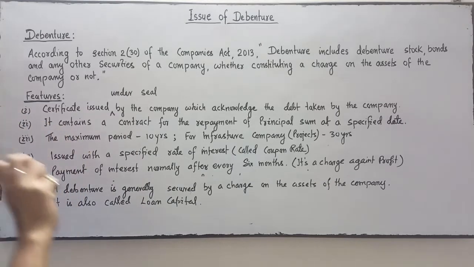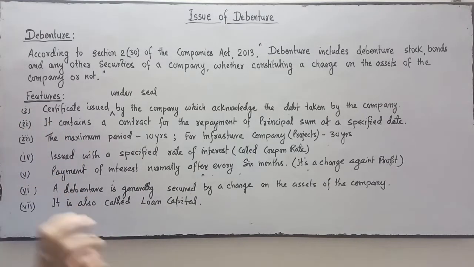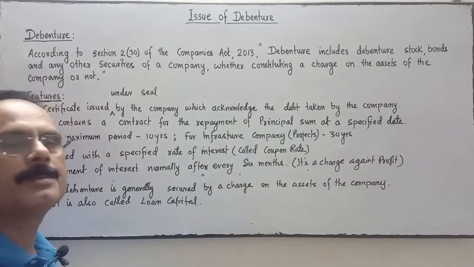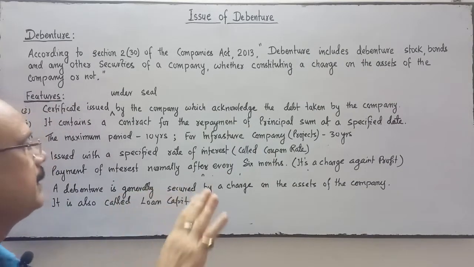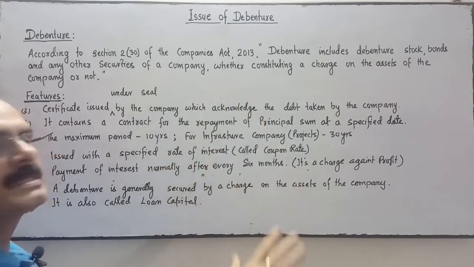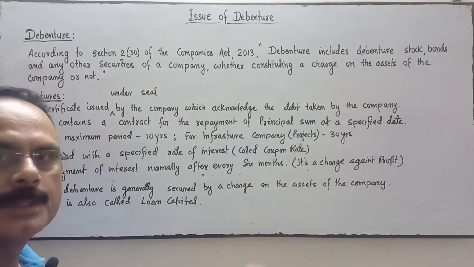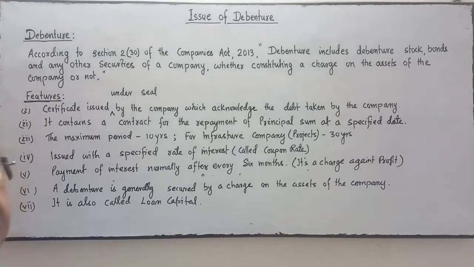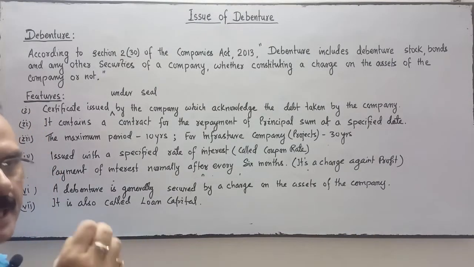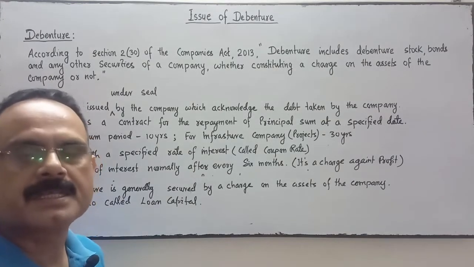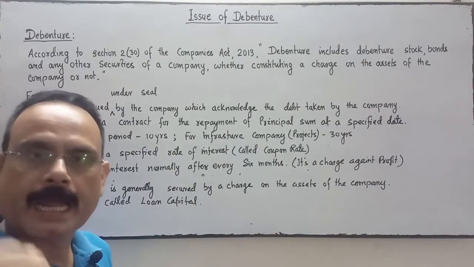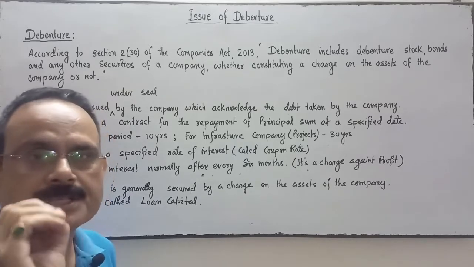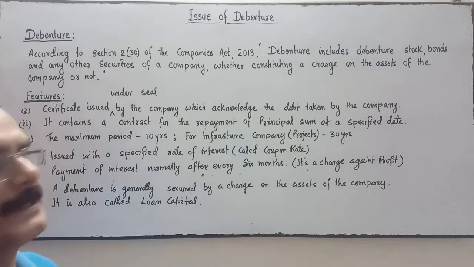The debenture certificate is a contract between the company and the debenture holder regarding the repayment of the principal sum at a specified date, and till then the company will pay interest on the debenture to the debenture holder. Whether the company earns profit or suffers losses is immaterial. The company has to pay interest on the debenture, because interest on debenture is a financial charge. It's a charge against profit.